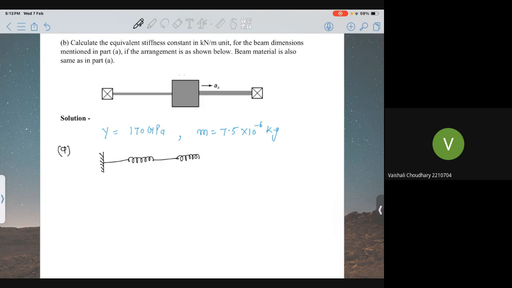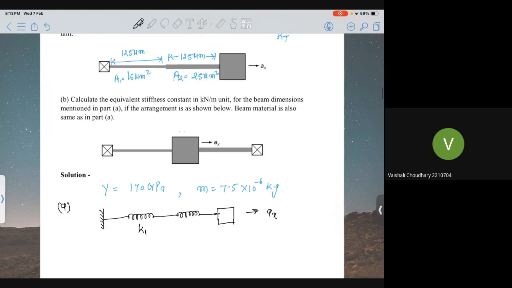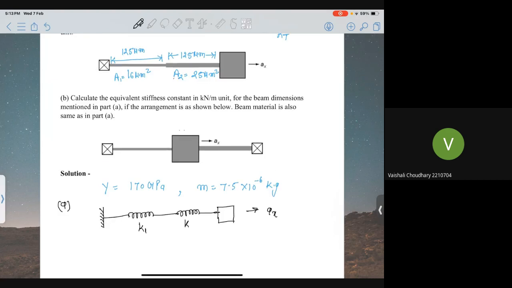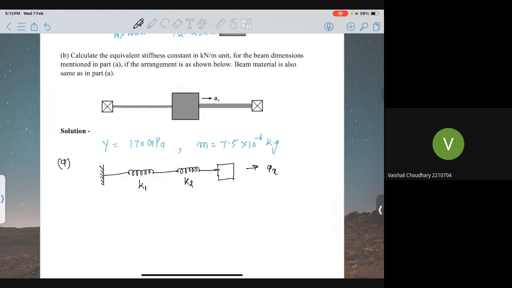It means two springs are connected in series and a mass is attached to one end of the spring and the force is applied in the axial direction. So obviously, for the two beams, the spring constant is K1 for one, and for the other one, the spring constant is K2.